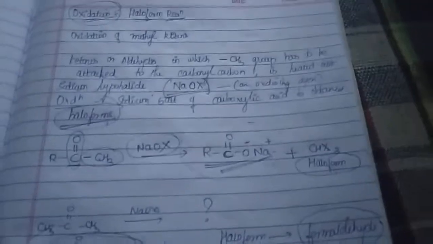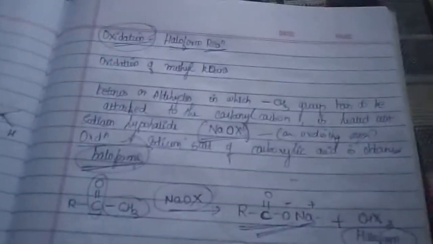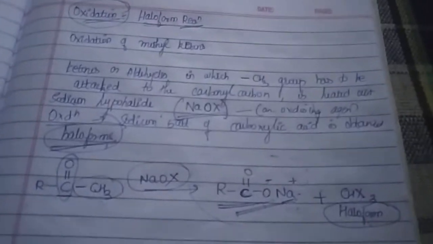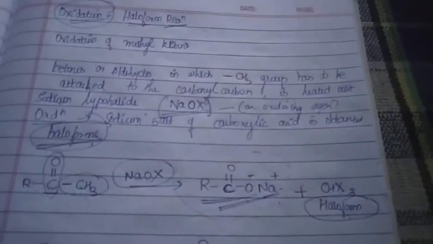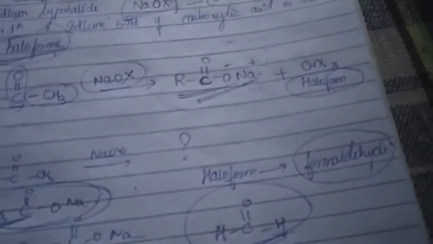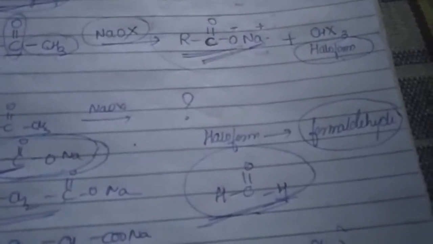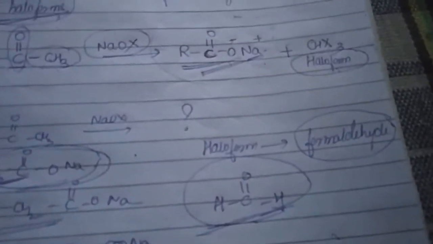In order to carry it out, we require aldehydes and ketones having methyl groups attached to the carbonyl group. Only in that case can we carry out the haloform reaction, and the product will be a sodium salt of a carboxylic acid along with the respective haloform. The sodium salt of the carboxylic acid you get will have one carbon atom less than the carbonyl compound used.